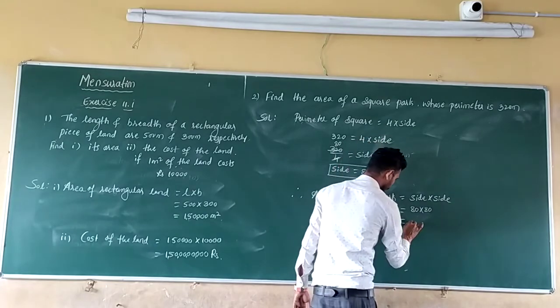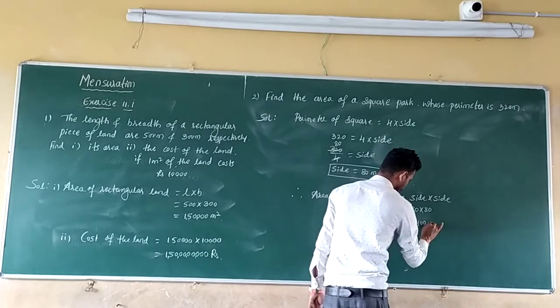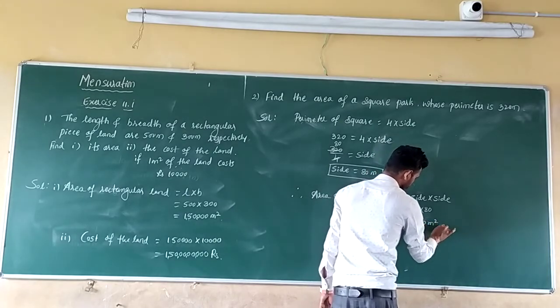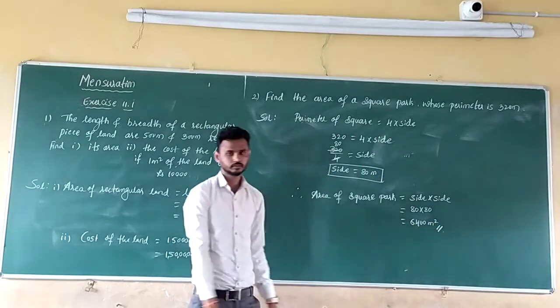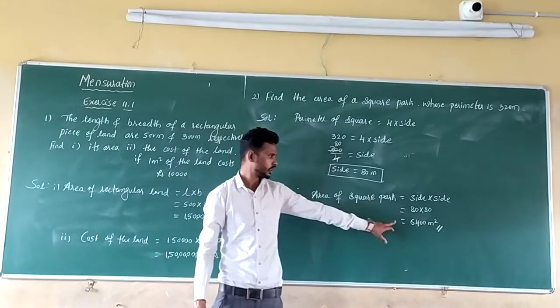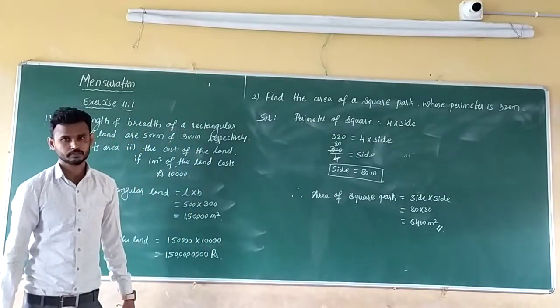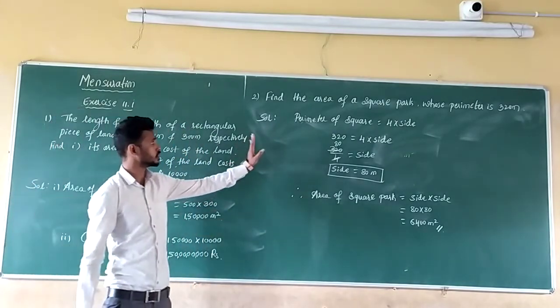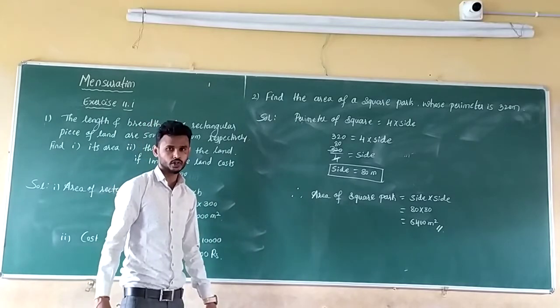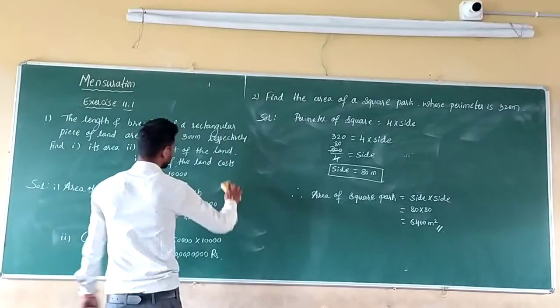So 80 into 80 is 6,400 meter square. So the area of the square plot is how much? 6,400 meter square. So this is about the solution of the second main question. Let us see the next question, third one.